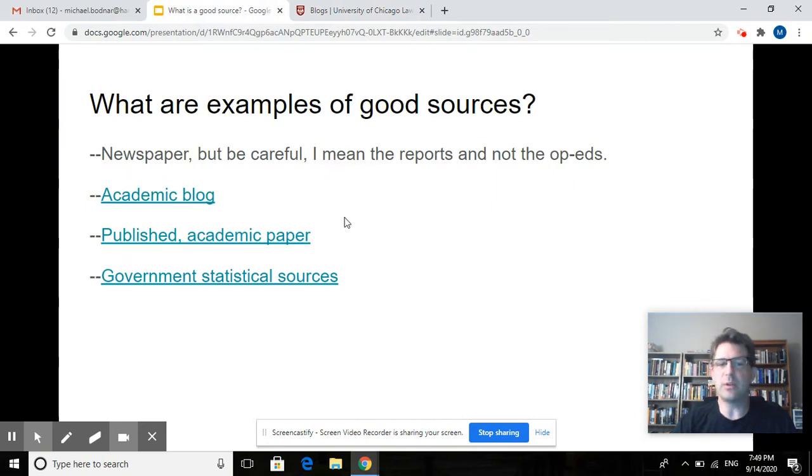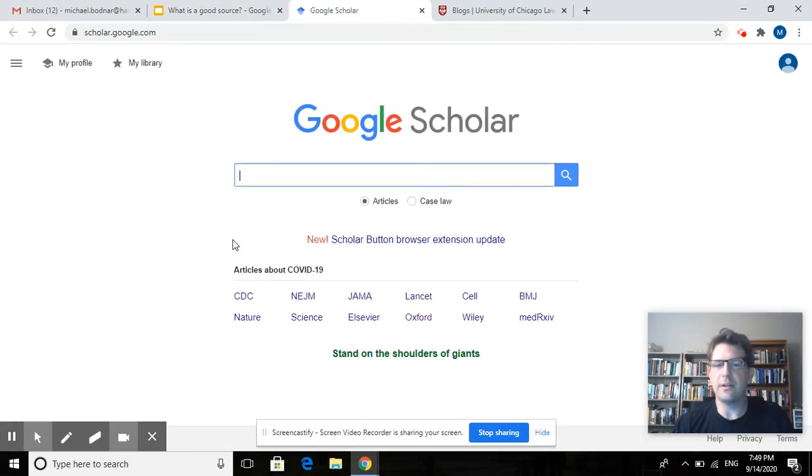The best thing you can do is look at a published academic paper. And you know, if you go to college, you'll be researching through published academic papers. We might do a little bit of it here, but basically, where do you get a published academic paper? Google Scholar. Whatever you put in here will be a published article.